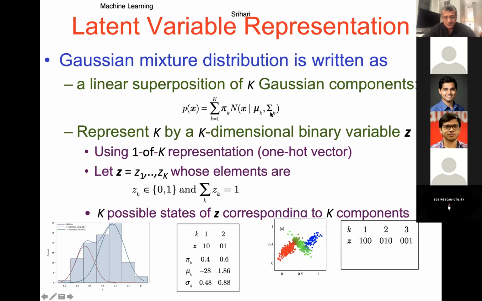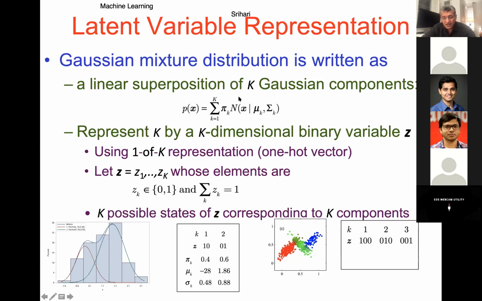So what does this equation say? We have some variable x, which could be a vector, and we are saying that p of x is a summation of pi k. Pi k is the weightage of that particular component. N stands for normal distribution: x is normally distributed with a mean mu k and a covariance matrix sigma k.